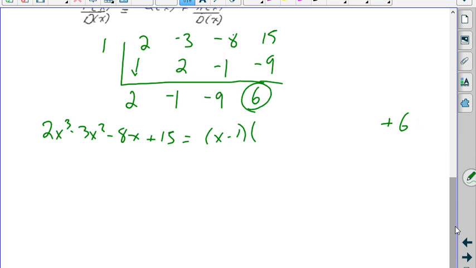I have 6 as a remainder. The coefficients of our quotient are 2, negative 1, and negative 9. So I'm going to go 2x squared. This term is always 1 less than what we started with, 1 less than the dividend. And then I'm just going to keep losing powers. 2x squared minus x minus 9. Plus 6 being our remainder.